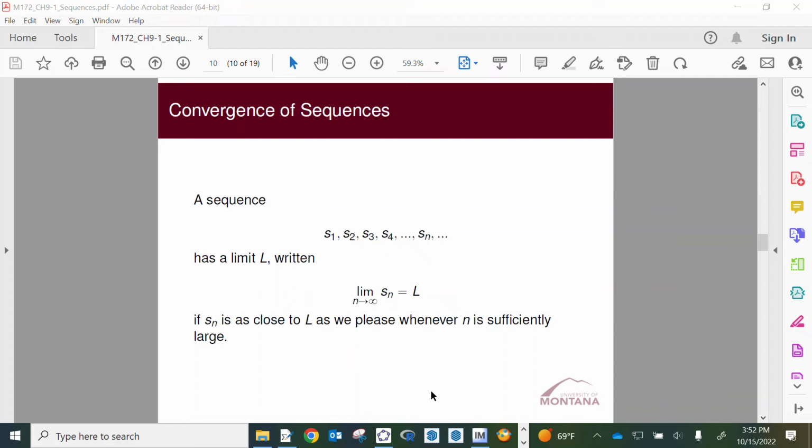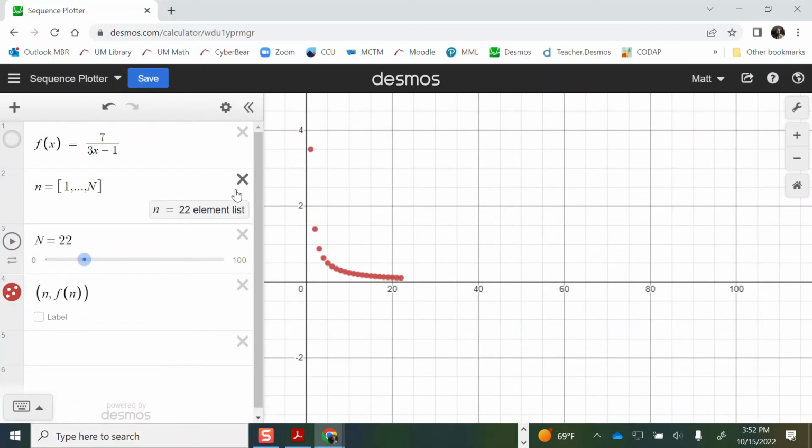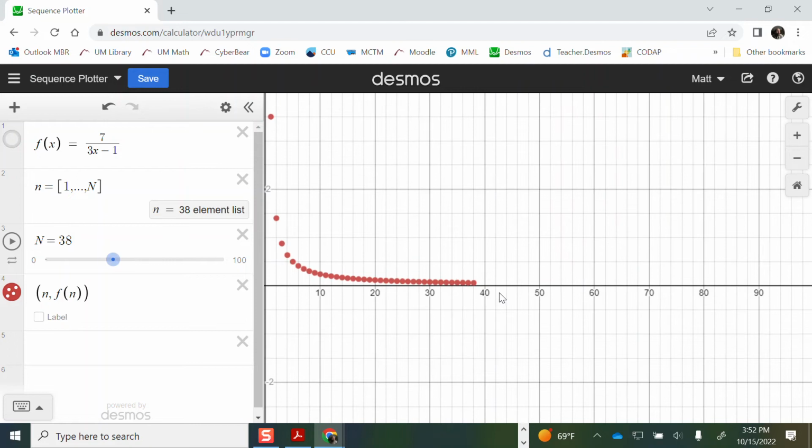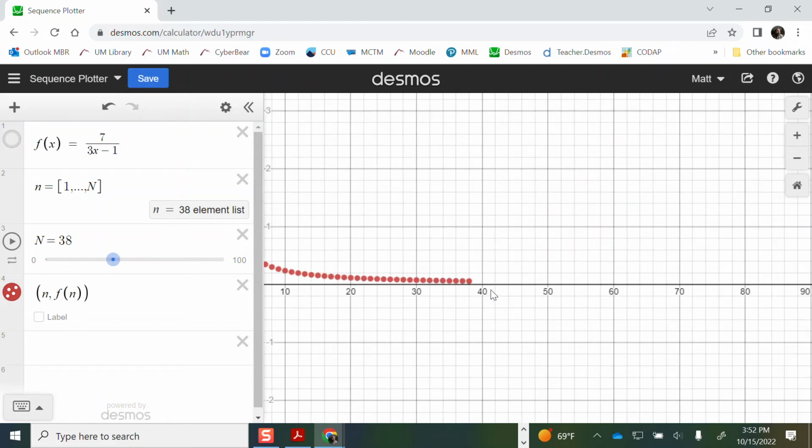So probably the best way to think about this is graphically. If we go back to our sequence plotter, right now, when you look at the first 5 terms in this sequence, it's not at all clear, to me anyways, that it's converging. But as I bring the number of terms up, it does appear that this thing is getting close to a certain value.